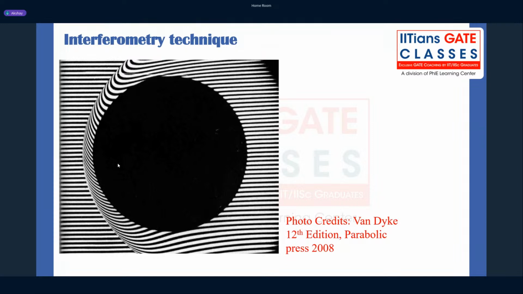So here what you see, the dark and the bright bands, it is an interferometer pattern. In your class 11th or 12th you must have studied the double slit experiment where you have seen these interference patterns, right? So bright and dark bands.